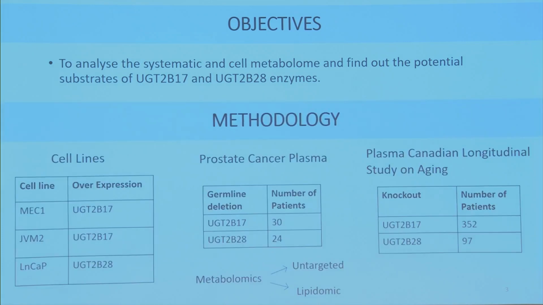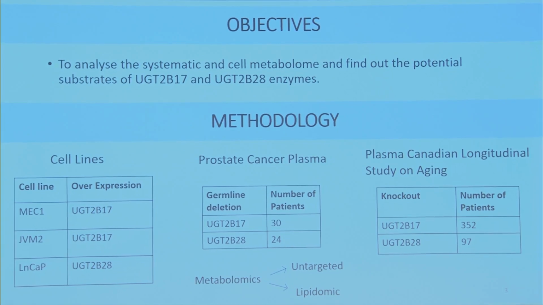The methodology that I followed was, I analyzed the mass spec data from 3 different data sets. The first one was from cell lines. In cell lines we had the MEC1 cell line, which is specific for mantle cell lymphoma, and the HG3 cell line, which is known for CLL disease, and the LNCaP cell line, which is a prostate cancer cell line.